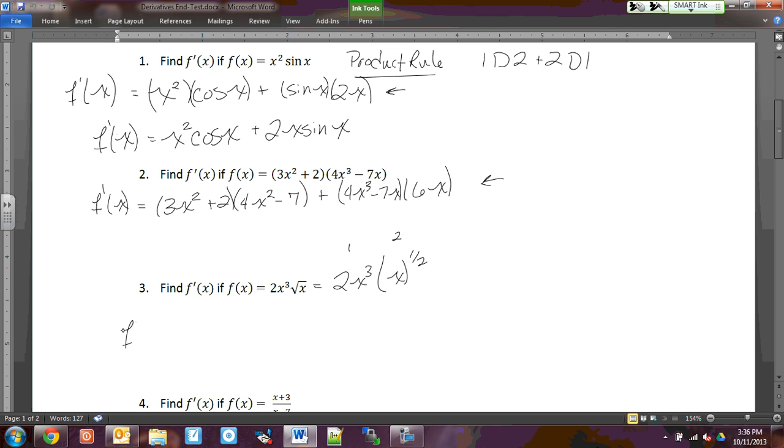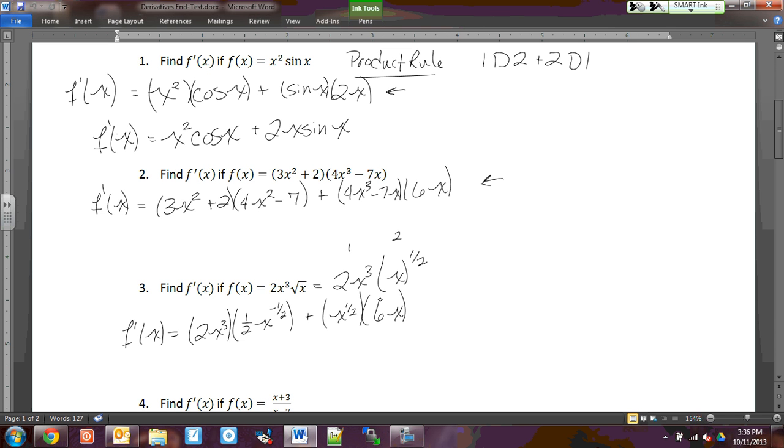So f prime of x equals the 2x cubed, because you leave it alone the first time, times 1/2 x to the negative 1/2, plus x to the 1/2 times 6x.